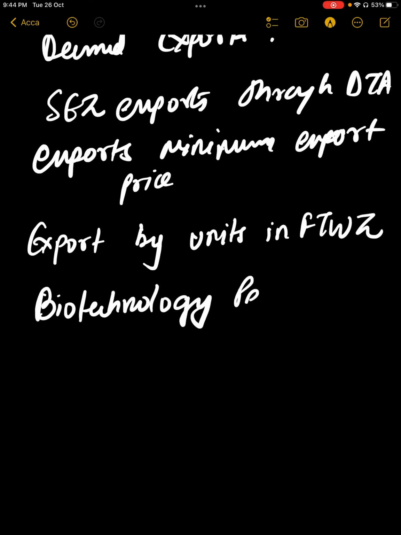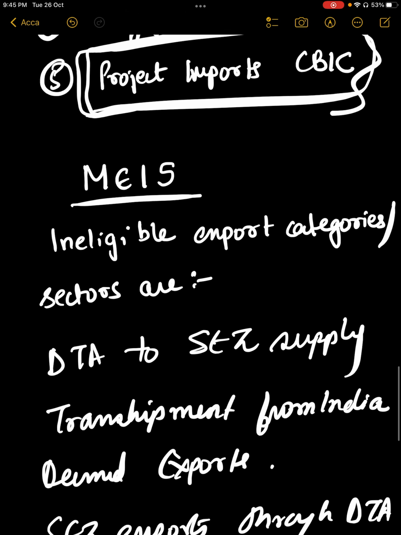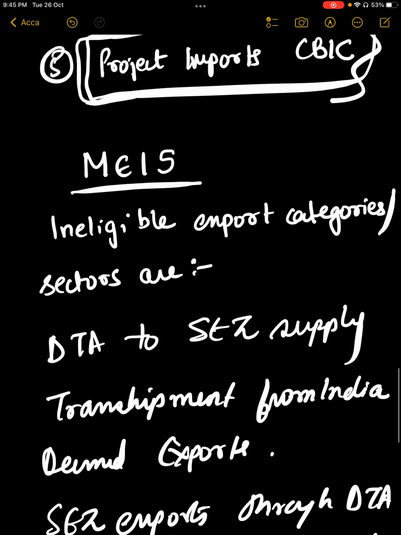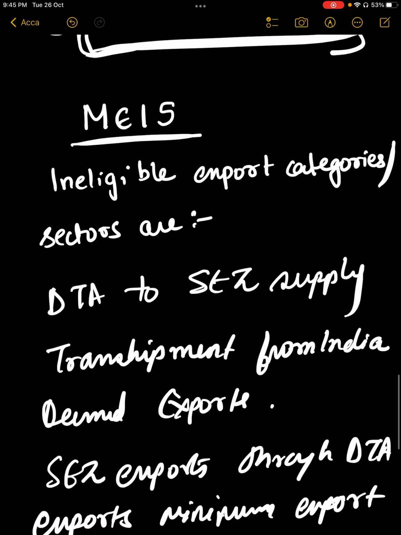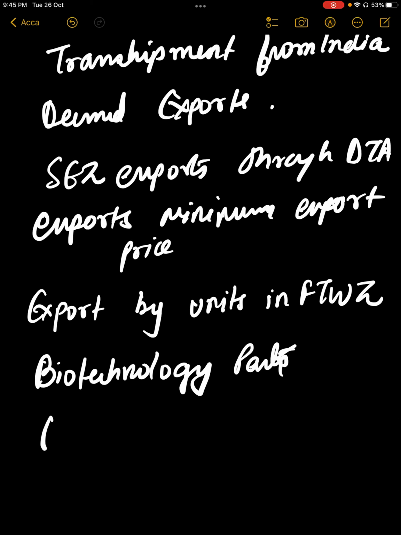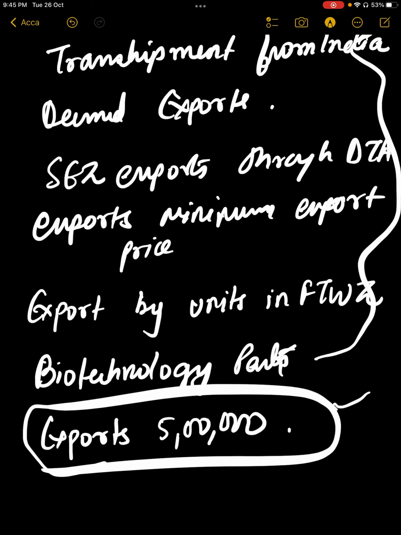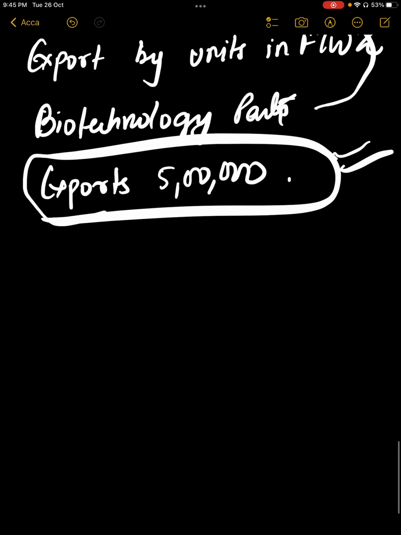Biotechnology parks are also not allowed to be included. So all these exports are not allowed. You can get a question where you find these categories are exporting. Will you consider them into MEIS? You will say no. Also, exports of handicrafts up to 5 lakh are entitled for rewards under MEIS. These all are not entitled. This is entitled.